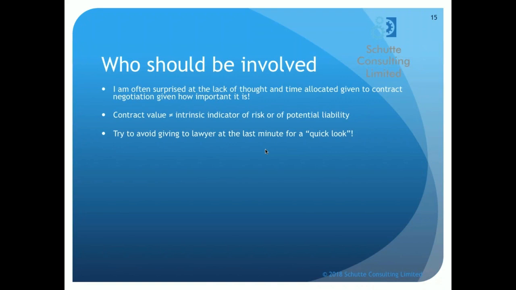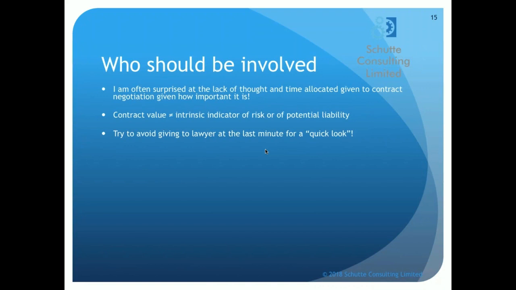Equally, I would encourage and in fact beg you all to try to avoid giving your draft contracts to your lawyers at the last minute. It's happened time and time again, and I'm sure it will continue to happen, but quick looks at contracts are never really a terribly good job, and there's only so much you can do at the last minute when you're presented with a contract which has to be signed because the spade is going in the ground tomorrow.